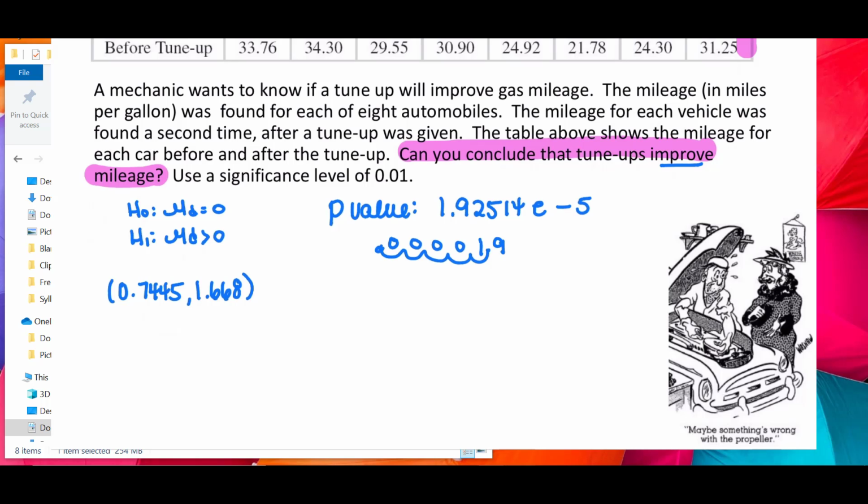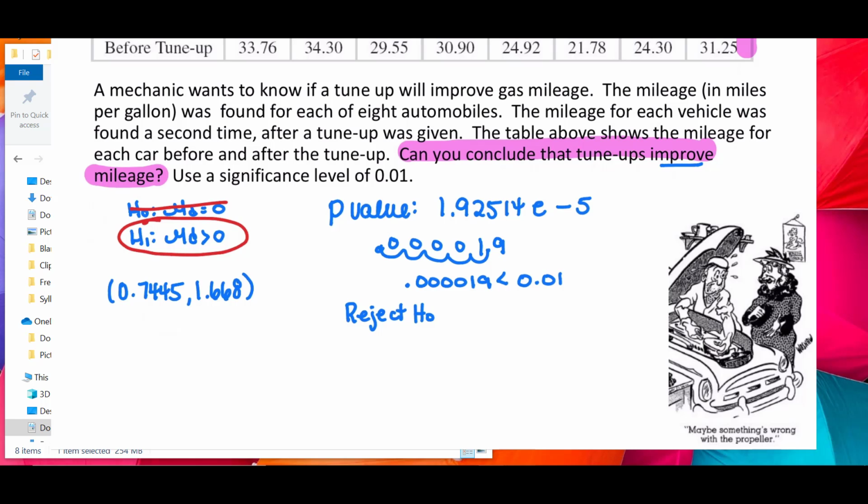When you move it 5 places to the left, it means you add 4 zeros between the decimal and the first non-zero digit. So we've got a p-value of 0.000019, which is definitely less than any significance level that we would probably come up with. It's definitely less than 0.01. So we are going to reject the null.